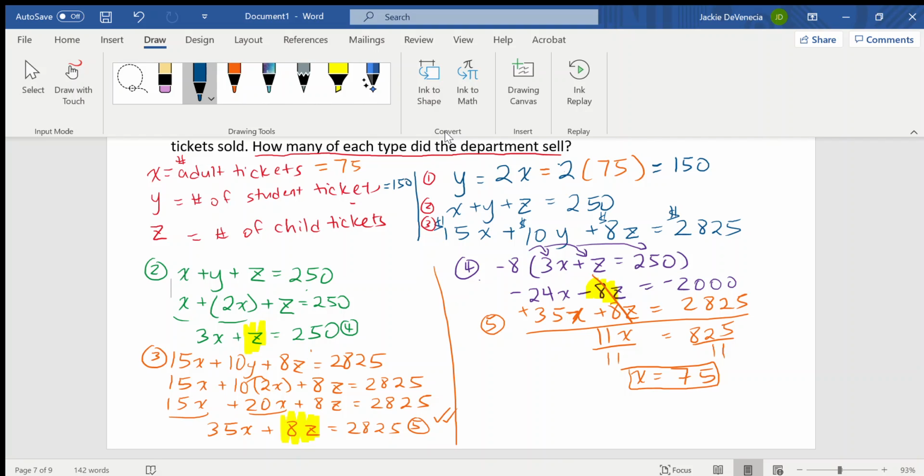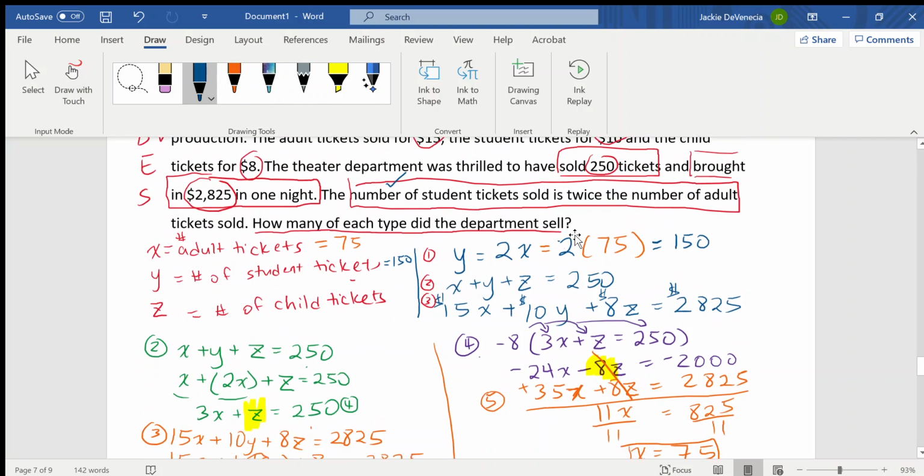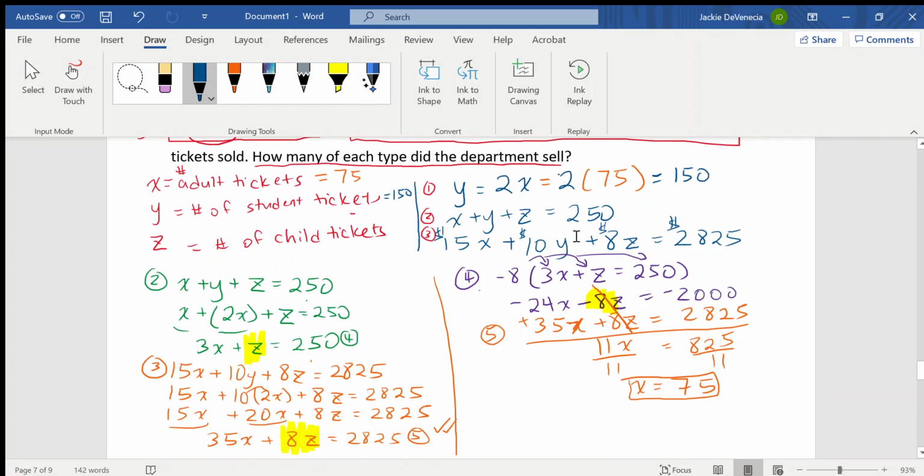And how am I going to figure out those children tickets? I'm just going to plug it into my second equation. I already have the adults and students. I'm just missing that z, so I'm just going to replace stuff over here.